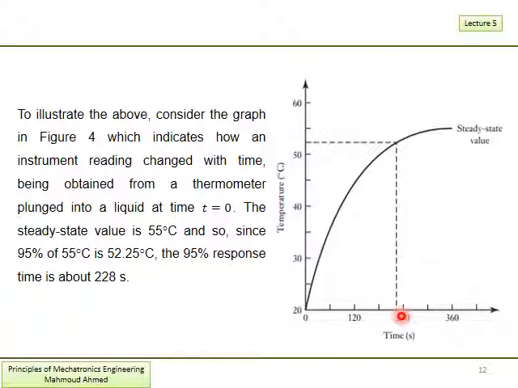The response time in this case is 228 seconds.